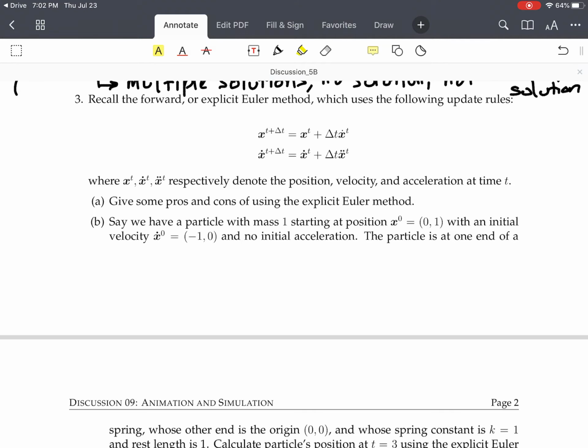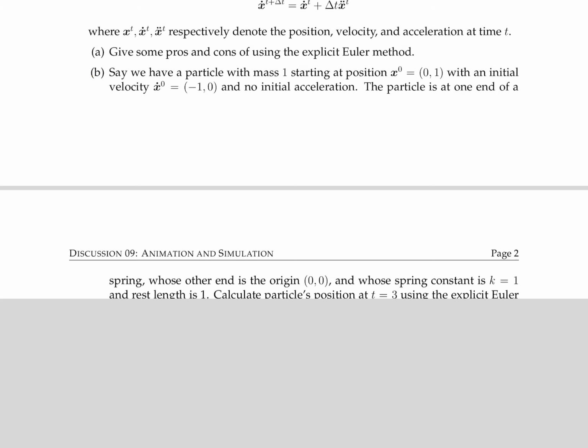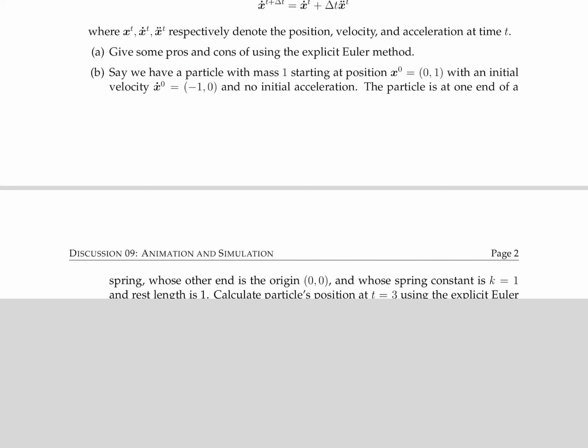So if delta t is small, this is a relatively reasonable assumption. If delta t is almost instantaneous, you can assume that sure, the acceleration and velocity are not going to change much. But on the other hand, if delta t is large, then that assumption breaks apart, and in general, our animation will not be as realistic because the values we're going to get out for position and for future velocities are not going to be very realistic.